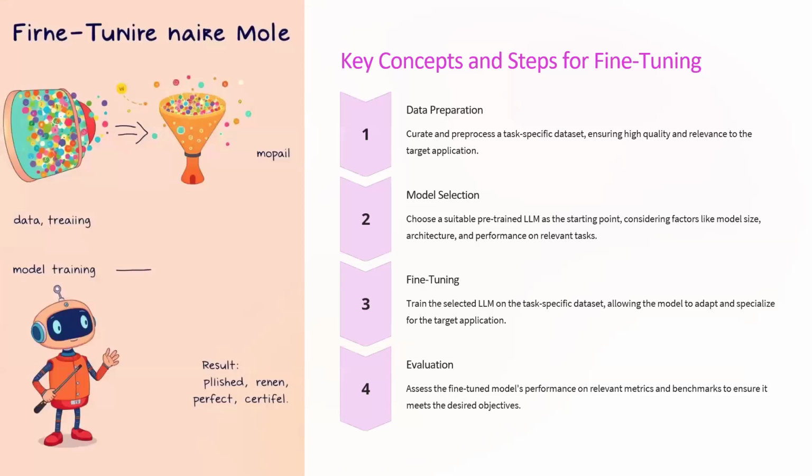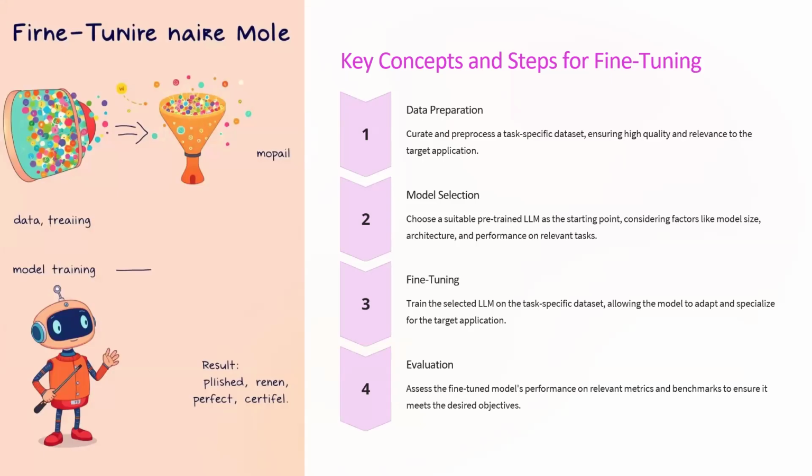So, key concepts and steps for fine tuning. As we know that for every purpose, we first prepare our data, and under this, we remove the null values and outliers, and prepare all our data. After this, model selection: we take a pre-trained LLM as a starting point, considering our model's size, architecture, and its performance on relevant tasks. Based on our requirement, we select a particular model.